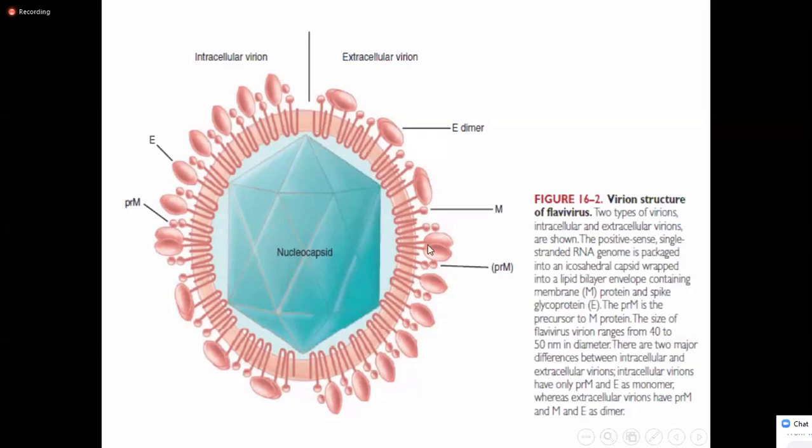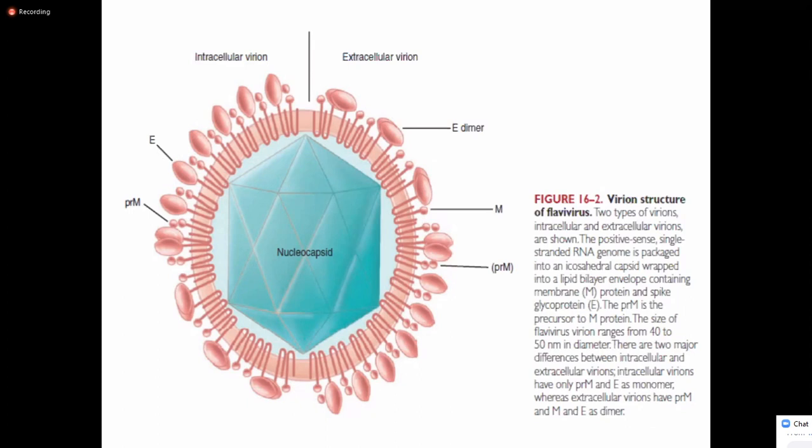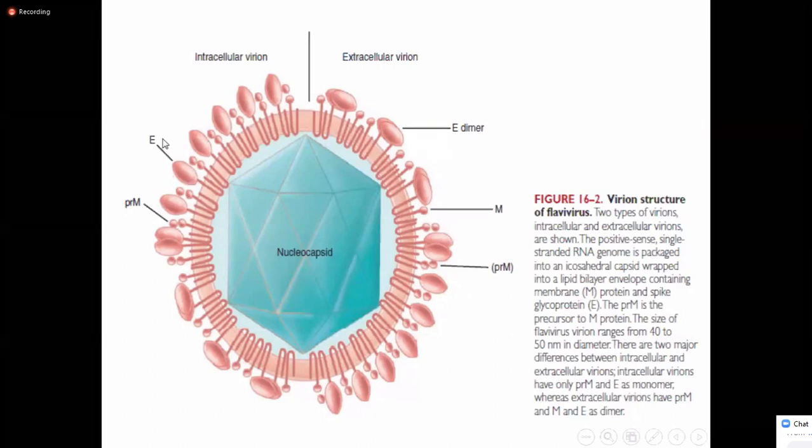But when it is intracellular, no M, only the precursor M and the E. This is one of the differences between extracellular and intracellular. When the virus is intracellular, the E antigen is present as a monomer. But the E antigen, when it is extracellular, is a dimer. Okay, so two differences between extracellular and intracellular.